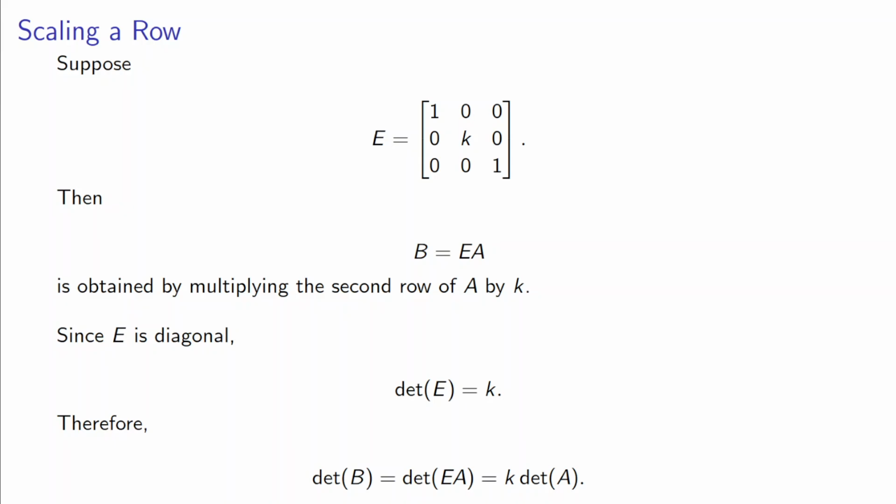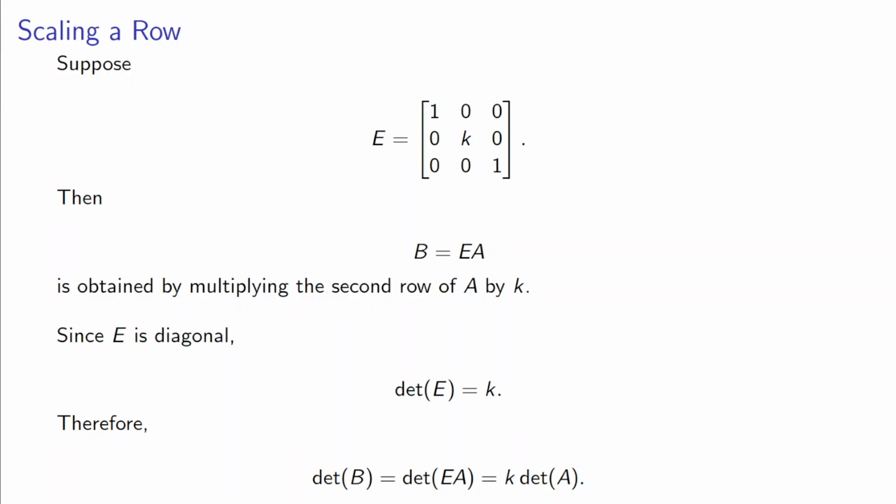So this matrix E here is found by scaling the second row of the 3 by 3 identity matrix by K. And so if we want to obtain this matrix B by multiplying the second row of another matrix A by K, then that can be viewed as matrix multiplication of A by E. And so B is equal to E times A. B would be found by applying that elementary row operation to A.